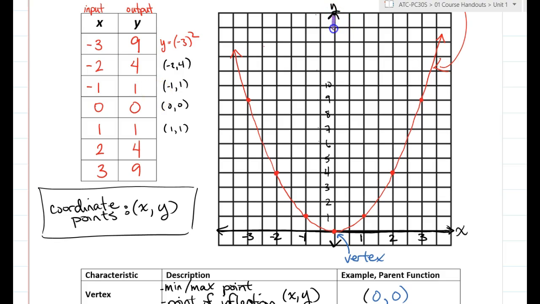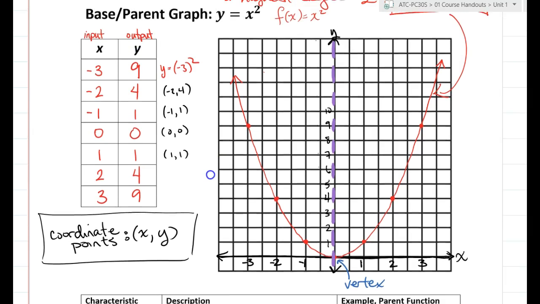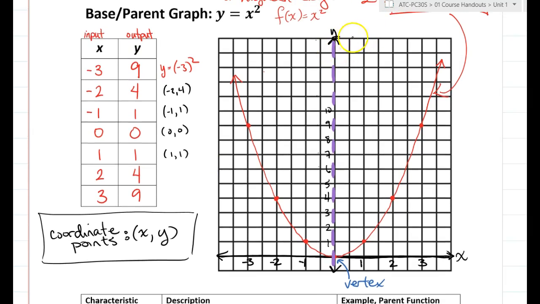In this case, it travels right along my y-axis. In general, because it is a line, I have to fully name it: x equals 0. And that's my axis of symmetry. I'm just going to abbreviate that to AOS.